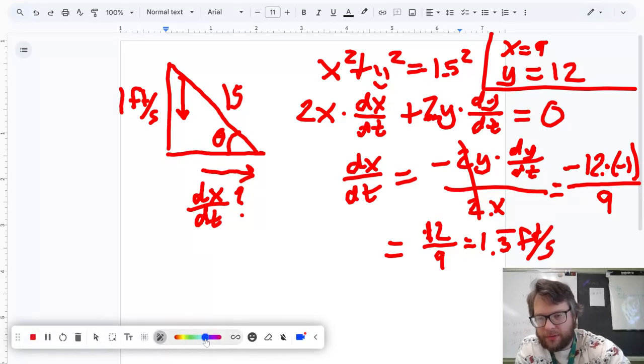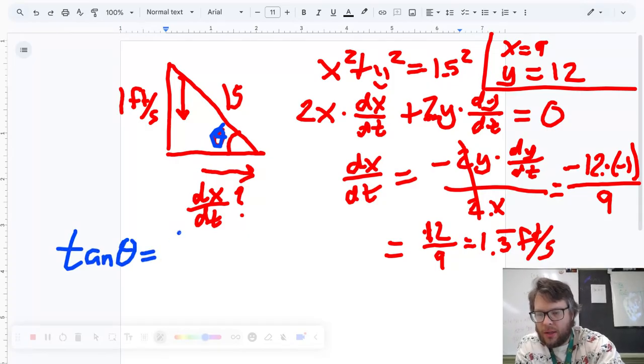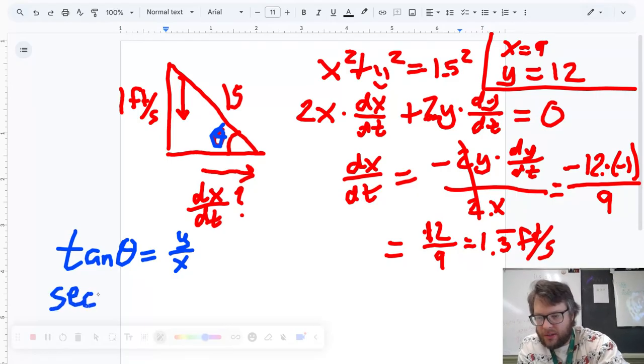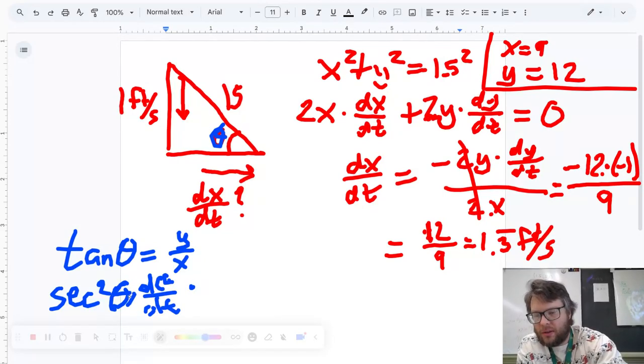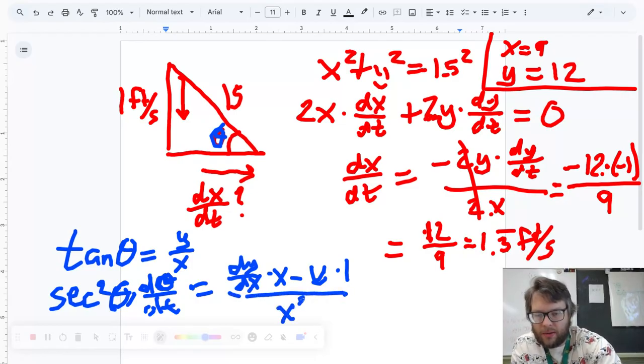If instead I wanted to focus on the angle here, I could set up, say, tangent of my angle is y over x. And if I wanted to do the derivative of that, the derivative of tangent is secant squared theta times d theta/dt. And then over here, I have a quotient rule. Derivative of the top times the bottom minus top times derivative of the bottom over bottom squared.